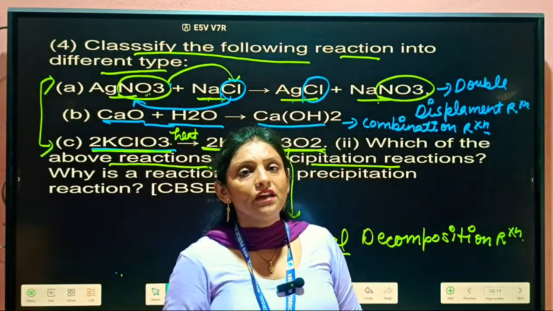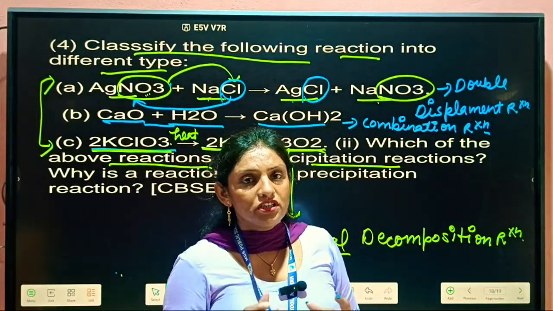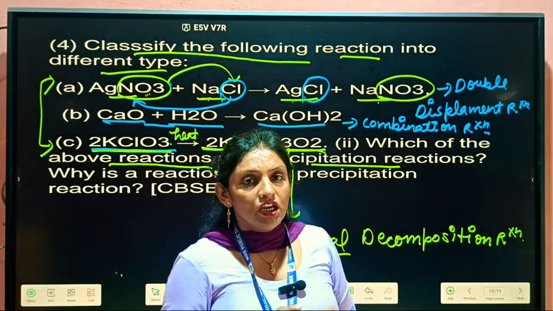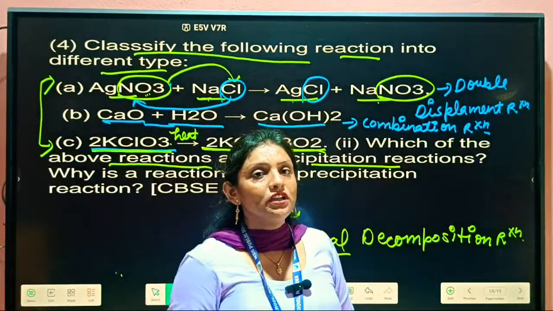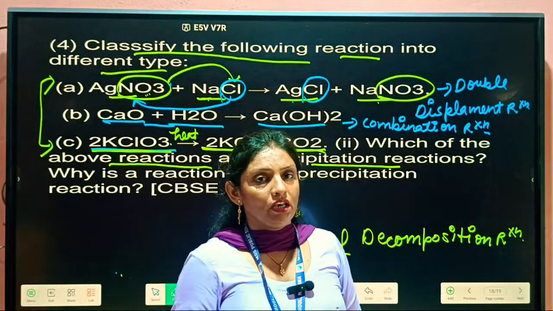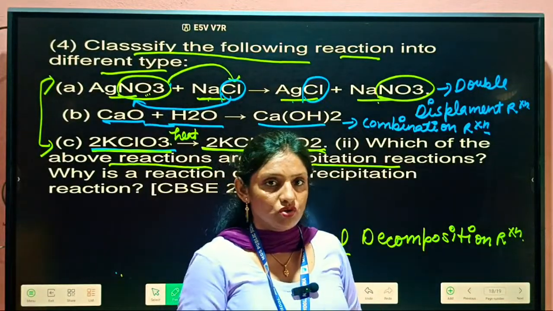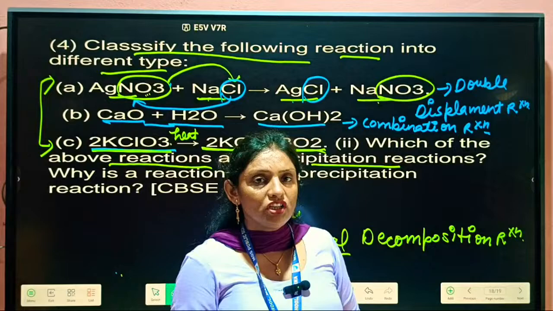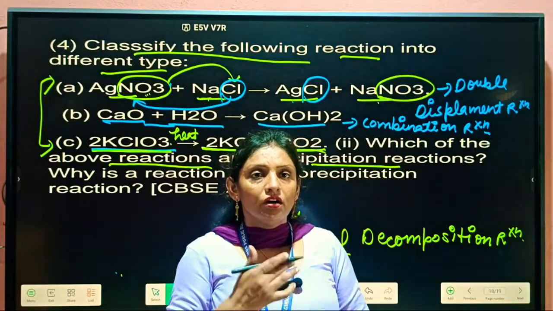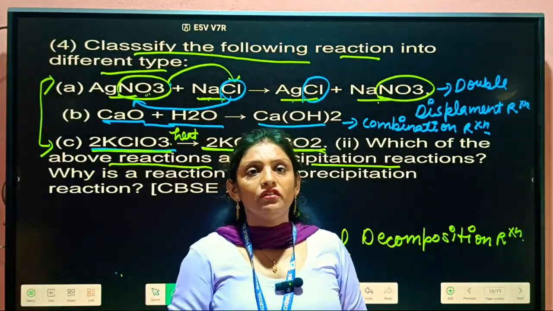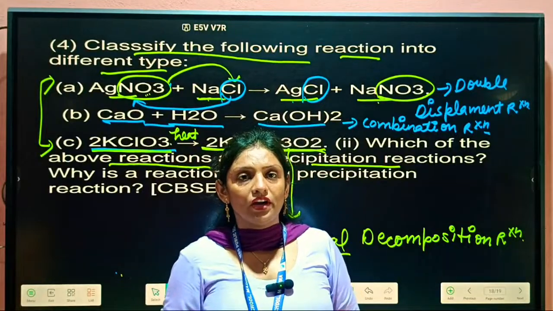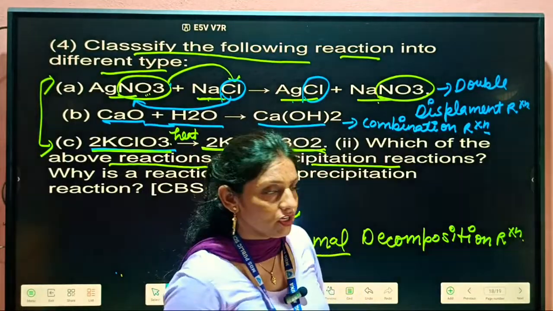What do you mean by precipitation reactions? Precipitation reactions are those in which some insoluble salt remains as a residue in the test tube, meaning some solid part remains in our test tube. That type of reaction is known as the precipitation reaction.